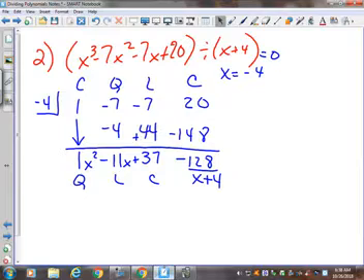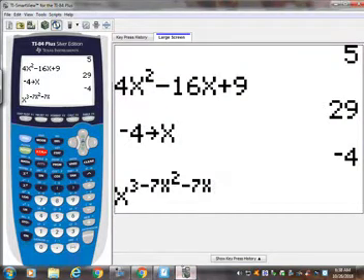I'm all up in the power, so I got to fix that. I keep forgetting to get out of the power.